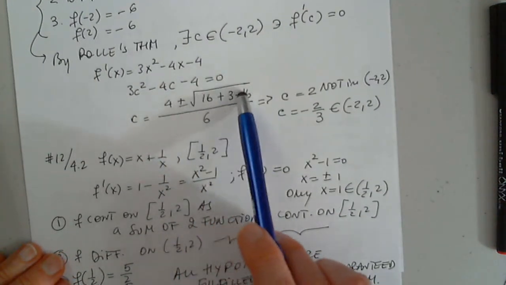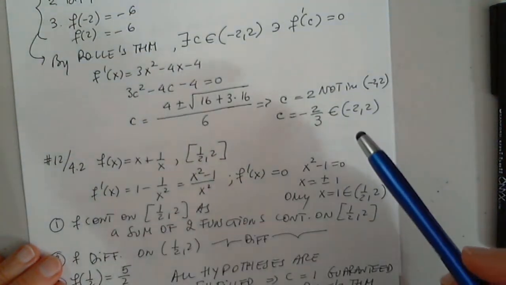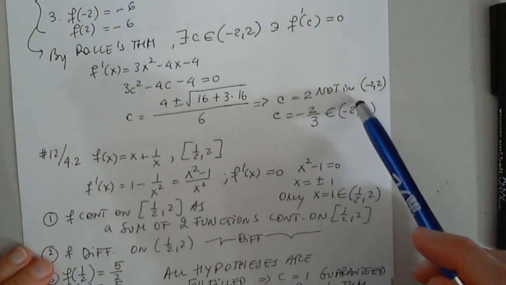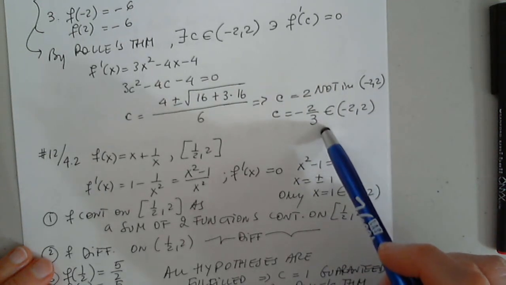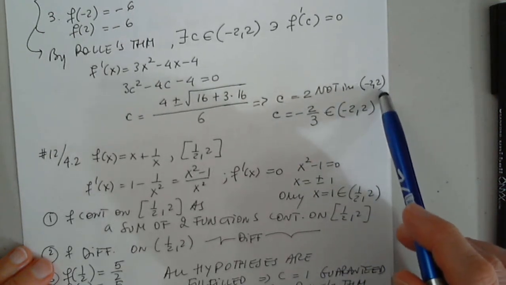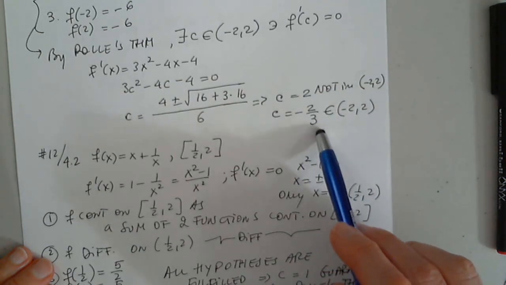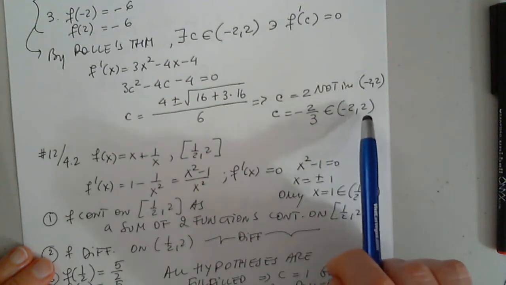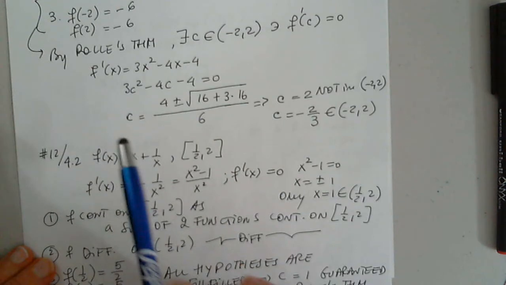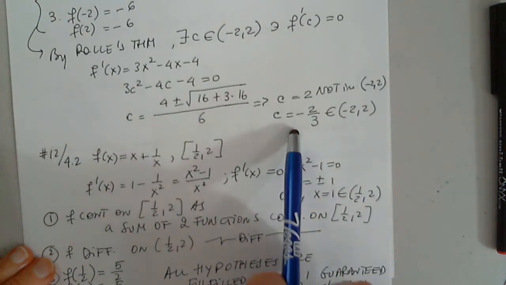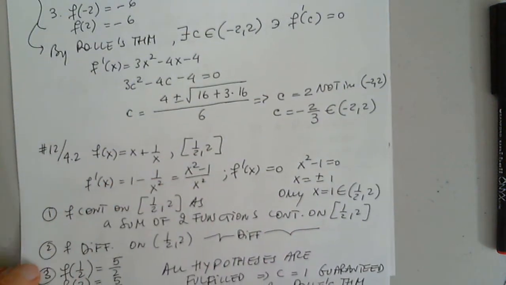Actually, I put the whole thing in the calculator, so I got 2 and -2/3. But 2 is not in the open interval, so it cannot be included. And c equals -2/3 is in -2 to 2, so this is the only value guaranteed by Rolle's theorem.